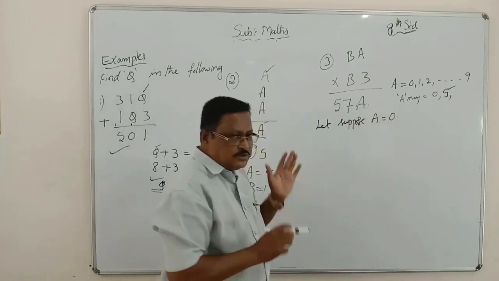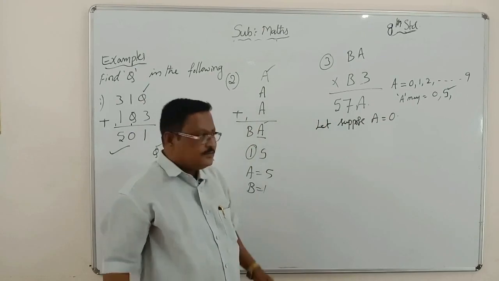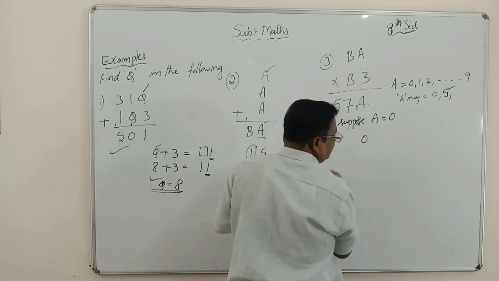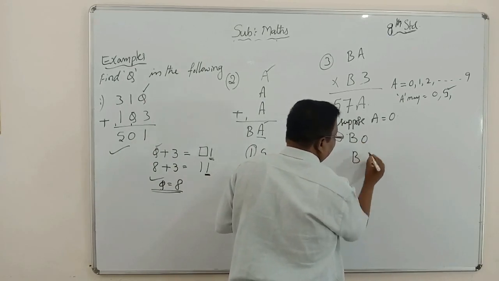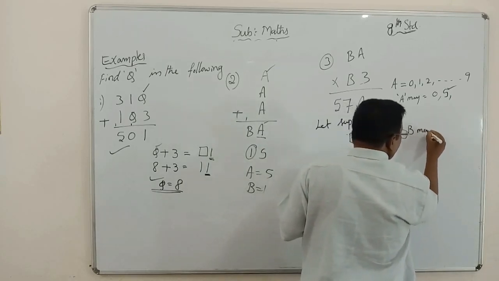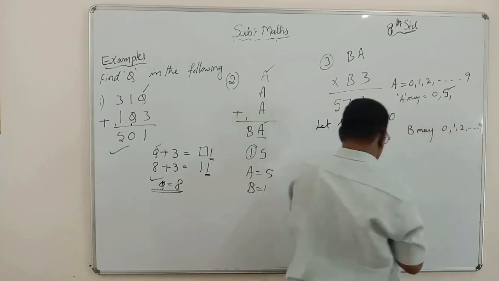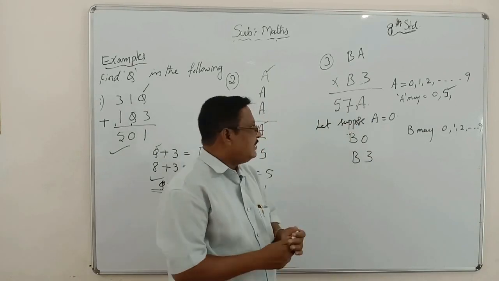A is equal to 0 means, what is the value of B? This is the B value, this is B3. B value may be 0, 1, 2 up to 9, any one digit. Which value is suitable? See here.